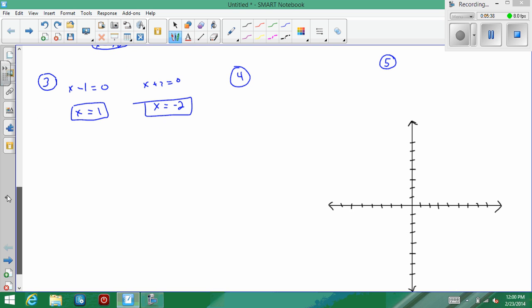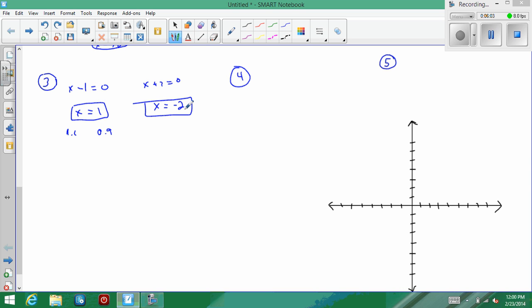Now I need to do my behavior of the graph. As I stated before in the steps, you're going to add and subtract 0.1 to each of these. If I add 0.1 to 1, I get 1.1. If I subtract, I get 0.9.